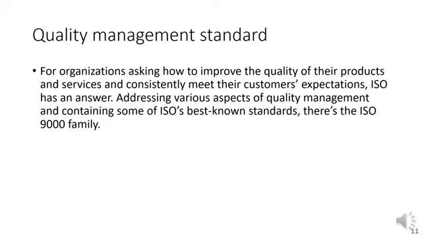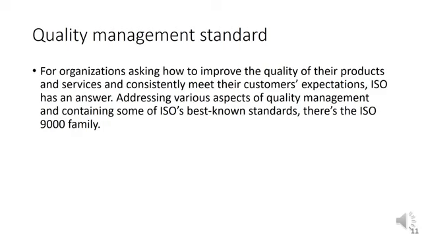So ISO has an answer to this quality management issue, addressing various aspects of quality management and containing some of ISO's best known standards. There is the ISO 9000 family. ISO 9000 family is all about quality management standards.